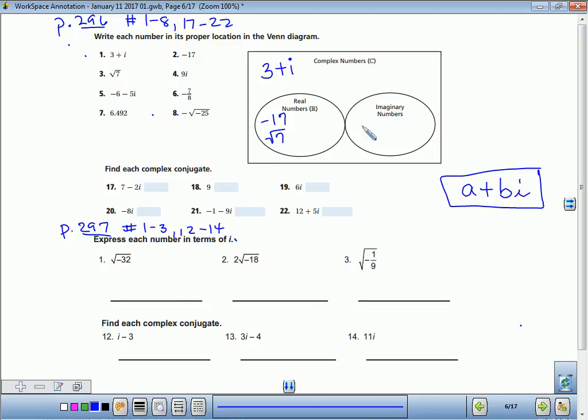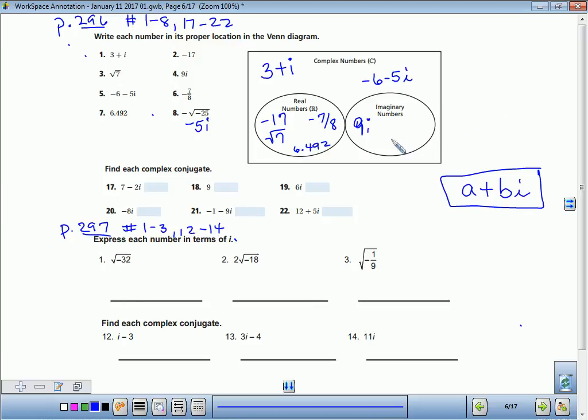All right, number 4 is just imaginary. Number 5 is complex. It has a real part and an imaginary part. Number 6 is just real. Number 7 is also real. And number 8 simplifies to -5i, doesn't it?